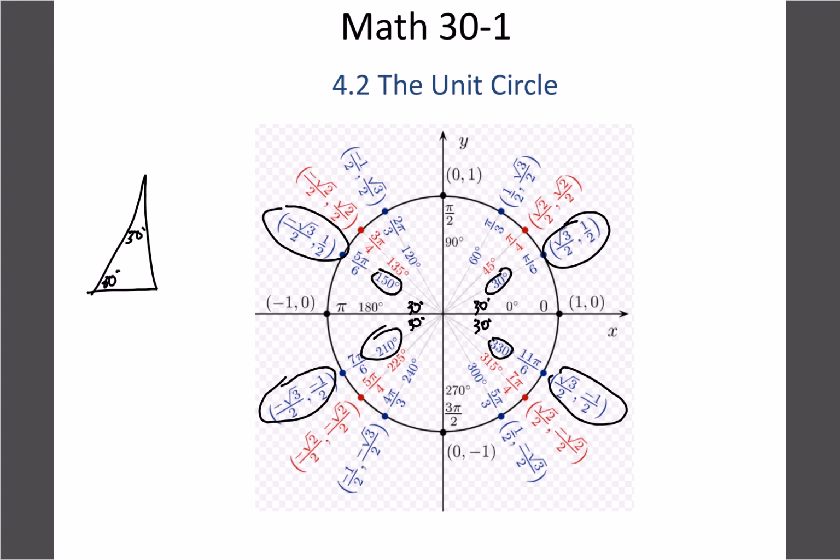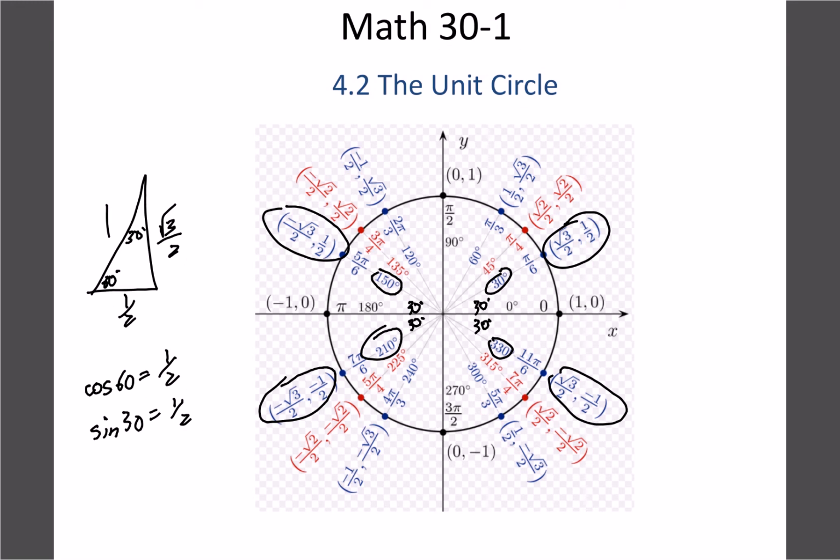Okay, so if we look at this 30 and 60, here we'd have half on this side and root 3 over 2. So you can see the cosine of 60 would be 1/2, adjacent over hypotenuse. But if we do the sine of 30, it's opposite over hypotenuse, so that would be the exact same answer. So we get 30 and 60s kind of matched, they're just flipped. 45 is a little bit different, and away you go.